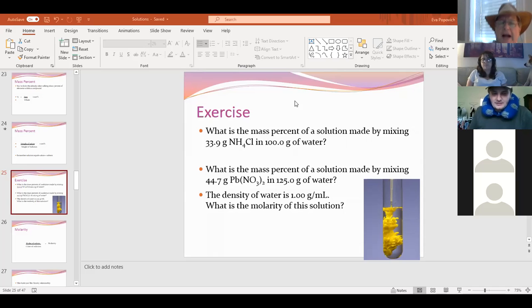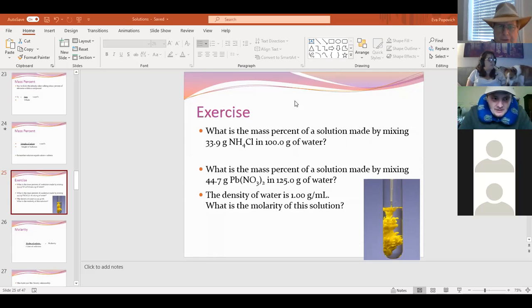Remember, Gate, you're dividing part by whole. What's the whole weight? So 125 plus 44.7, so it'd be 169 something. Exactly, 169.7. You're dividing the part, which is the 44.7, by the whole weight, which is 169.7.